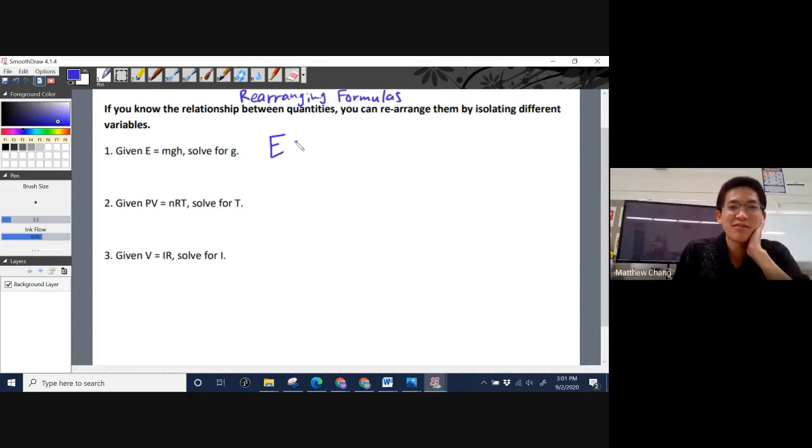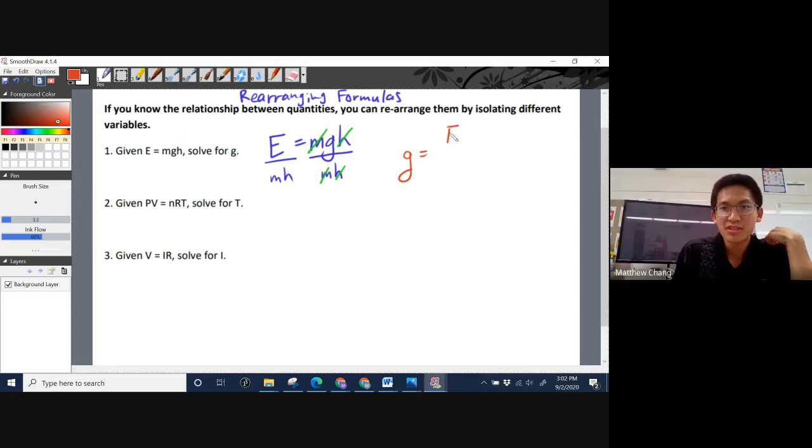If our goal is to isolate g by itself, we'll divide both sides by m and h. The m's will cancel, and the h's will cancel, so all we're left with is g equals E divided by m times h.